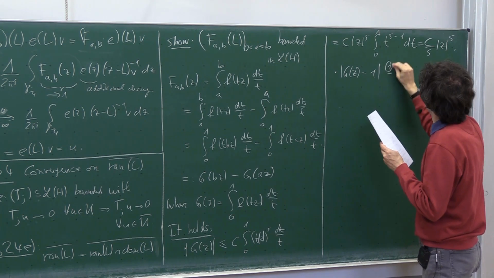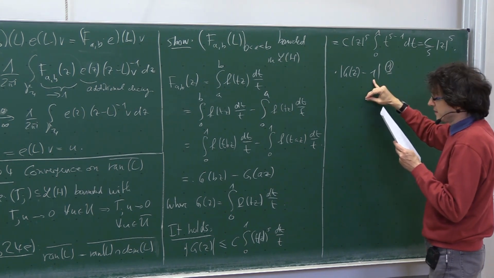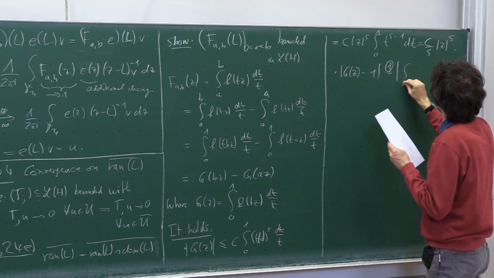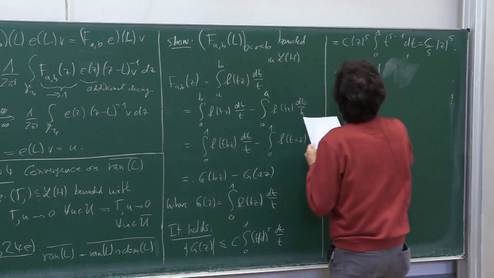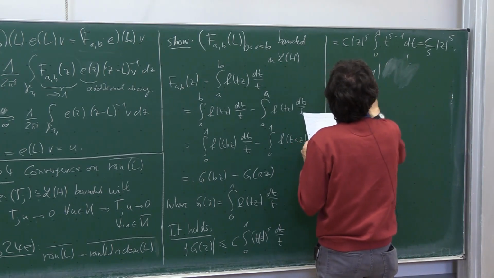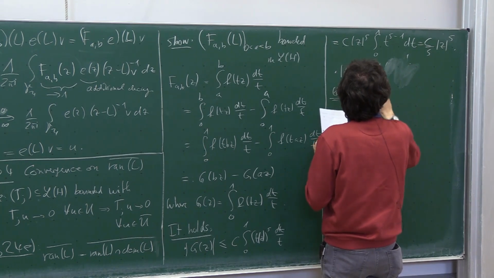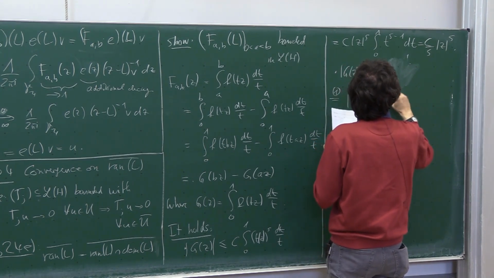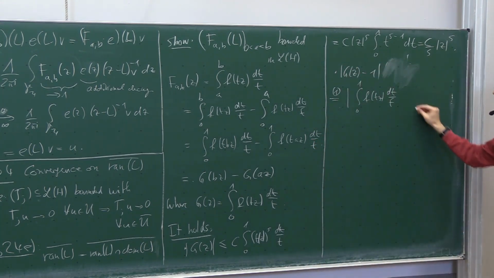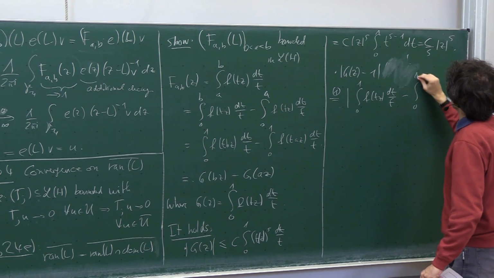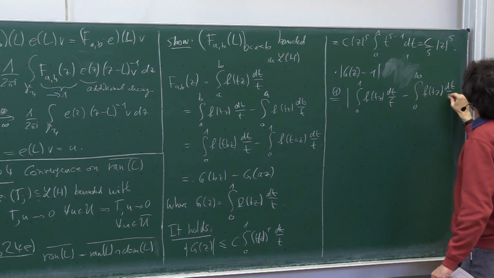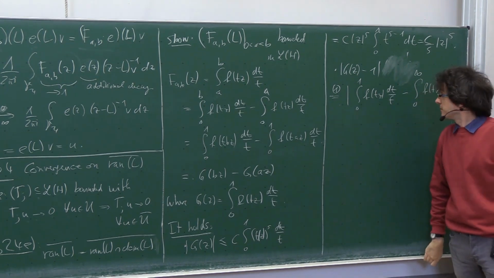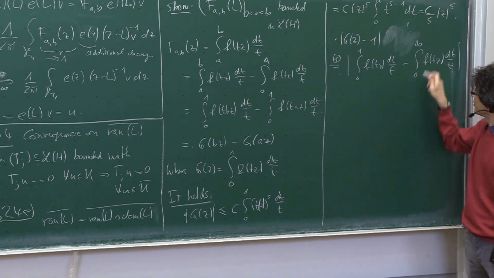Analogously, you do it for large z, and this gives you that the right limit is 1. By the first step, you can rewrite this 1. Using the first step, the integral from 0 to 1 of f(tz) dt over t is the definition of g(z). And the 1 you can rewrite as the integral from 0 to infinity of f(tz) dt over t. That was the first step, that these functions go to 1 for a going to 0 and b going to infinity.